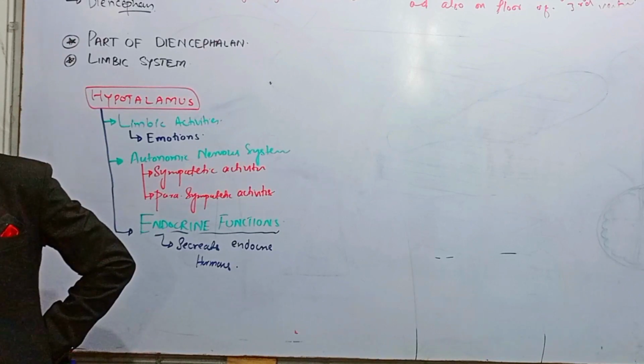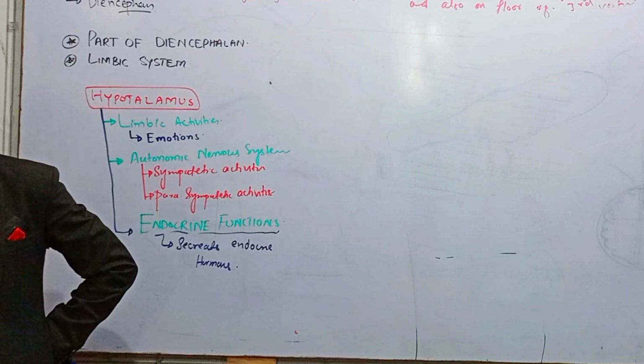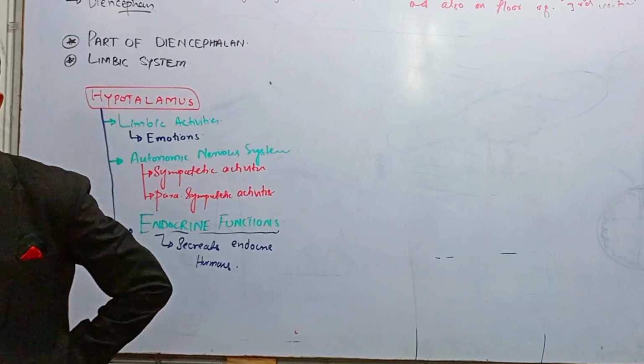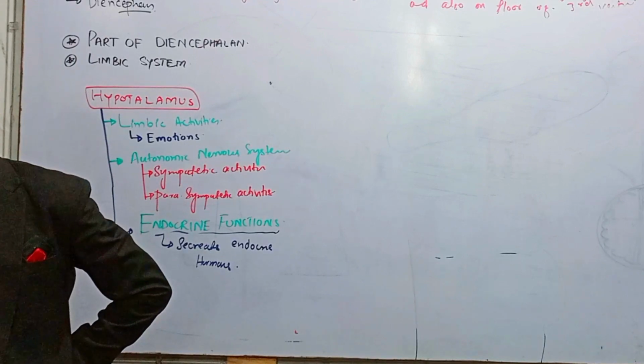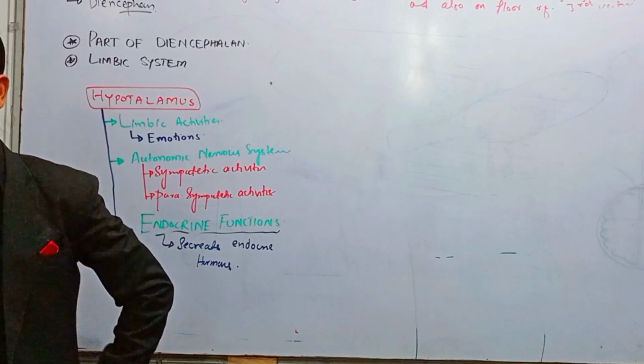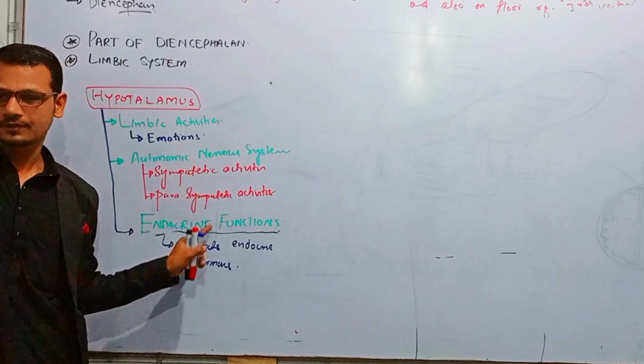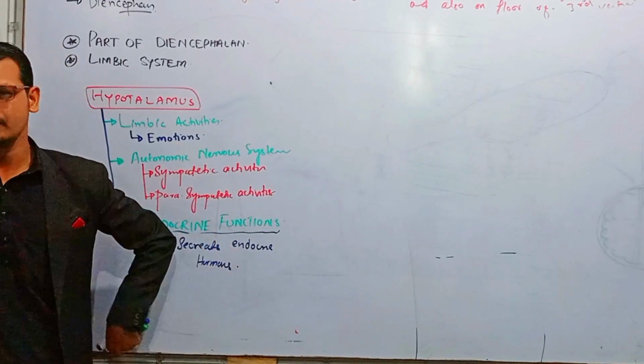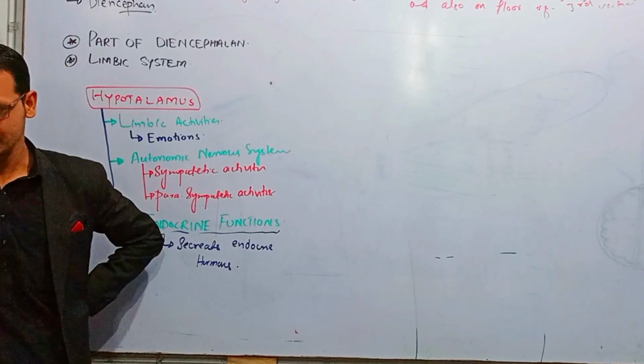ADH, antidiuretic hormone, the gonadotropin releasing factors, the growth hormone releasing factors, the prolactin releasing factors, right? Corticotropin releasing factors. All these are secreted from hypothalamus. So this is the endocrine activity of hypothalamus, right?